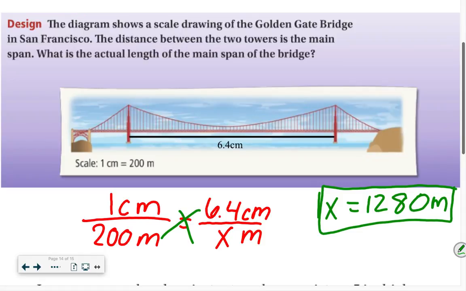Well, what happened to the centimeters? We were only trying to figure out how many meters. Are we just pretending that the 6.4 is meters now? No, because when you're trying to find this, which is in meters, we know it is, because this is meters.